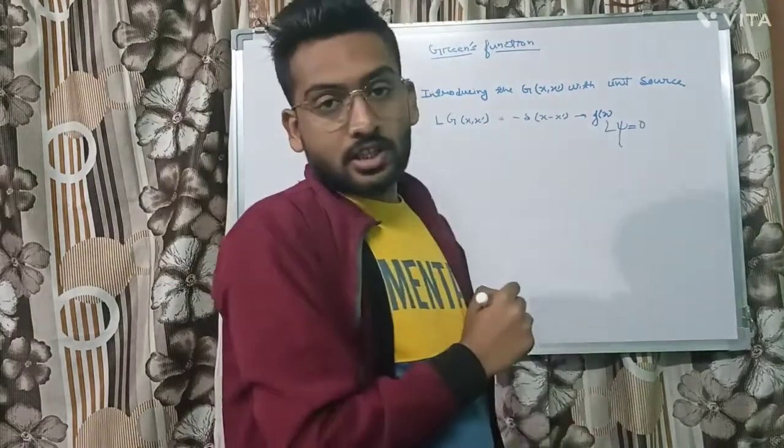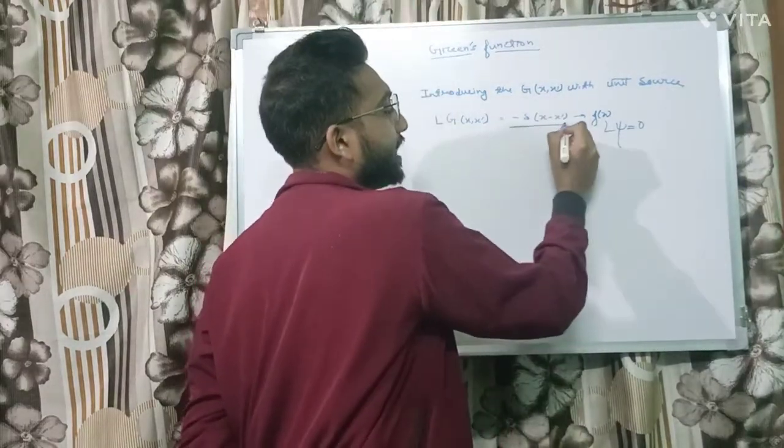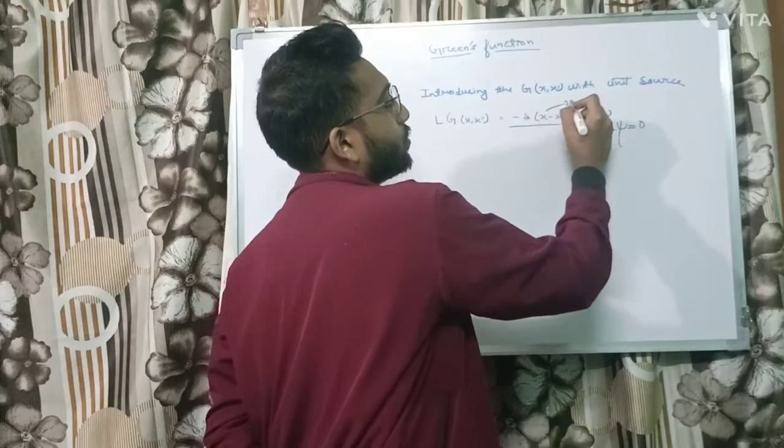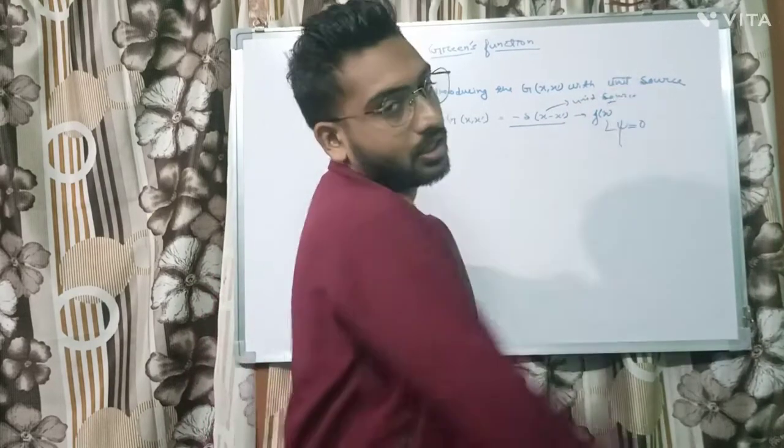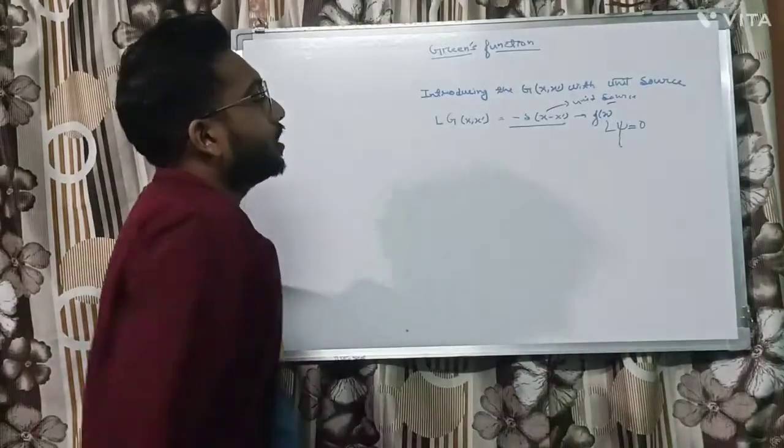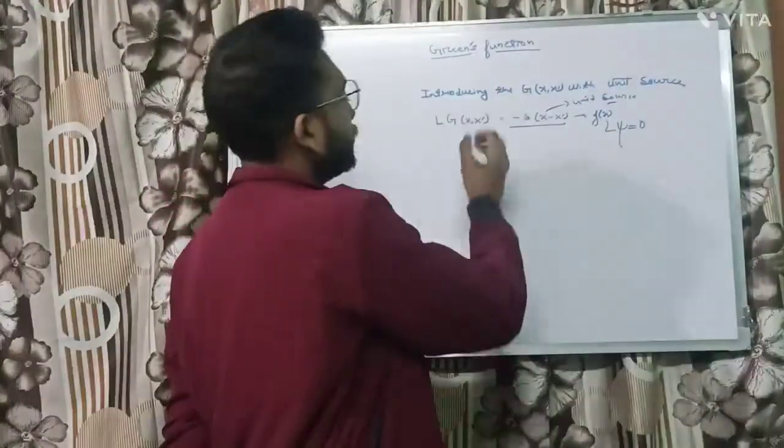But what I am taking right now is a unit response, using the canonical delta function. So this is the Green's function.